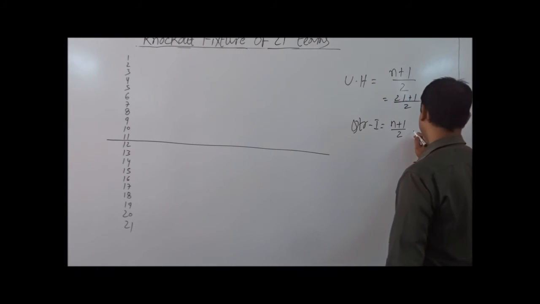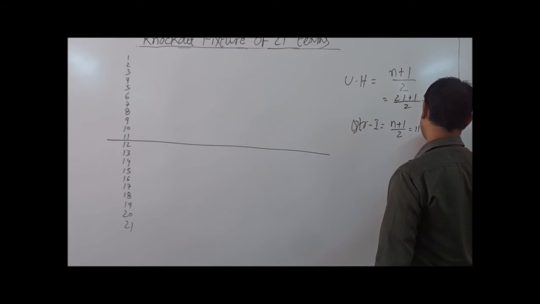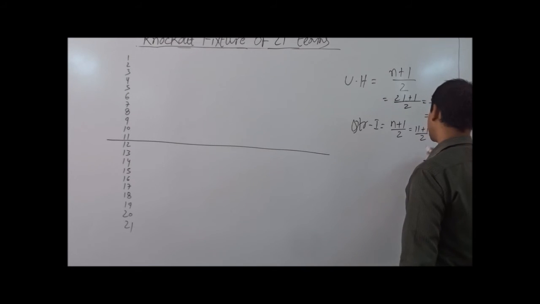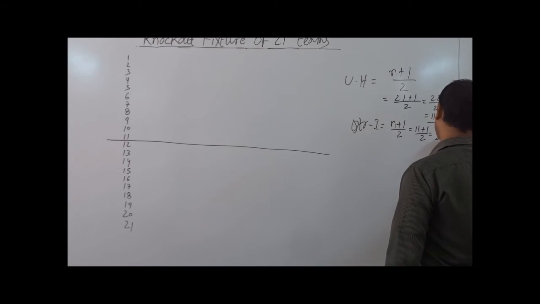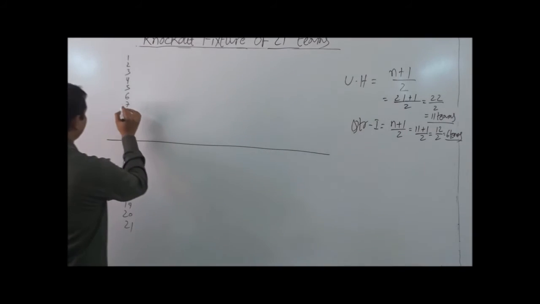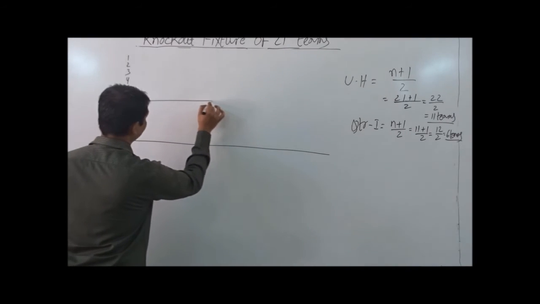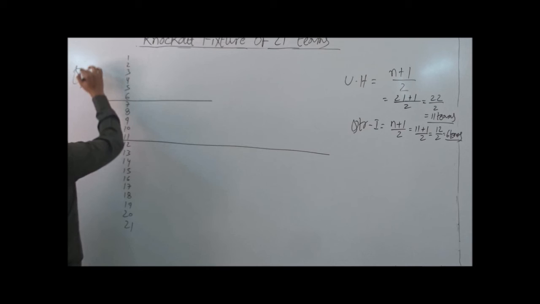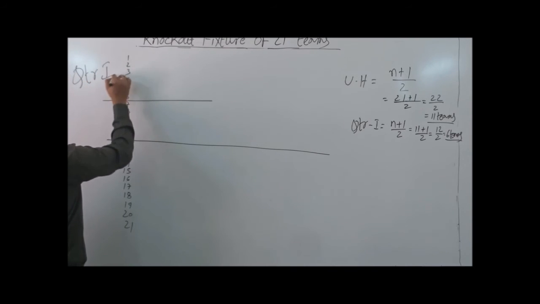That means 11 plus 1 upon 2 means 12 upon 2. That means 6 teams. 6 teams will be in quarter 1. Small line. Just write down quarter 1.